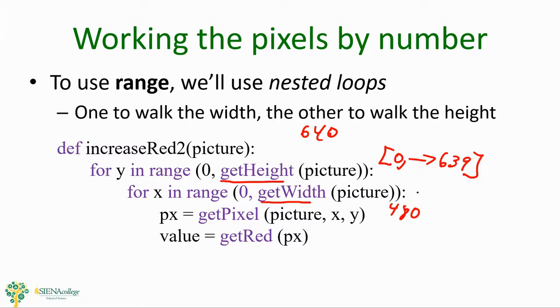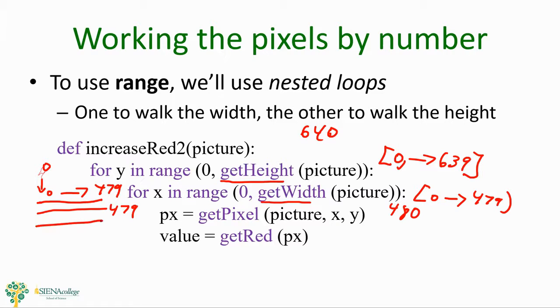The width, the range here will go from 0 to 479. And it'll start in the upper left corner. And then we'll go across, ranging our x, our width, from 0 through 479. We'll then go back and we'll do row 2 from 0 to 479, and so on, scanning the image left to right, top to bottom.